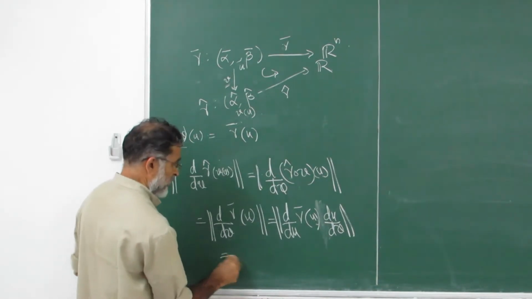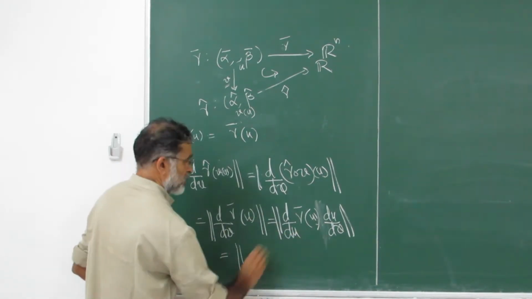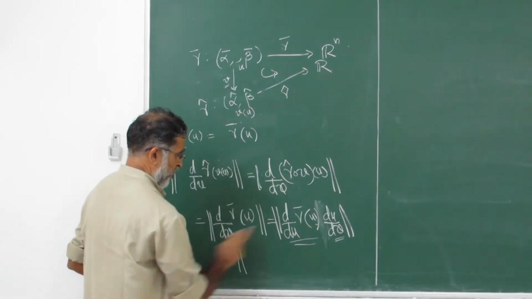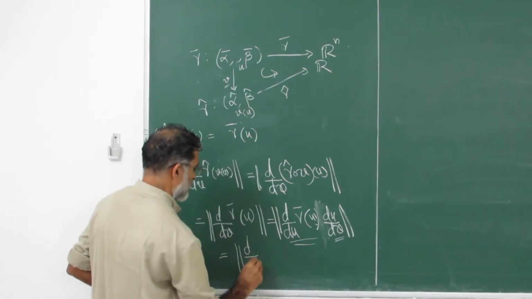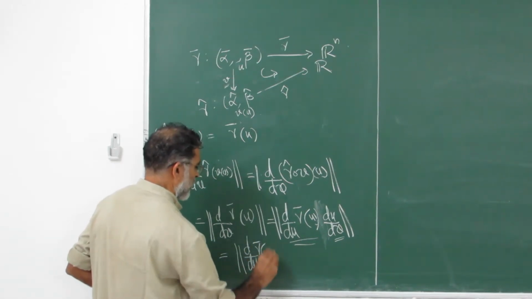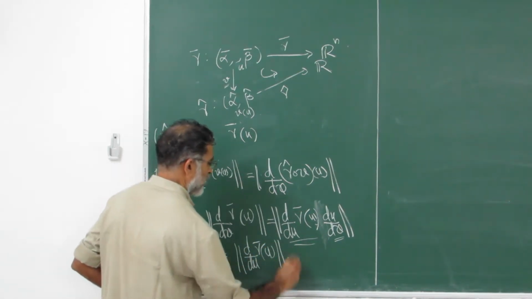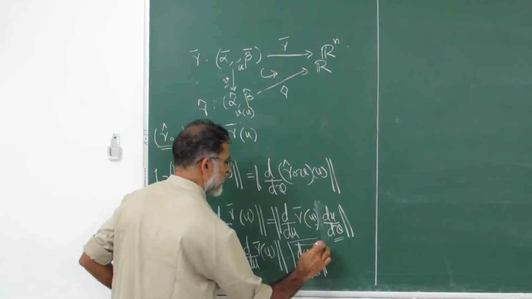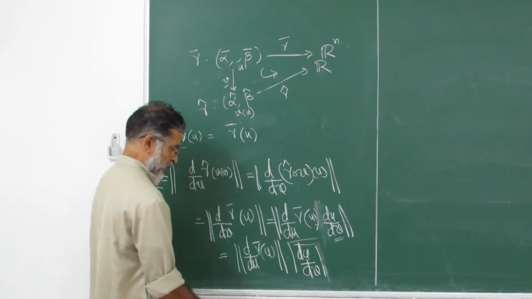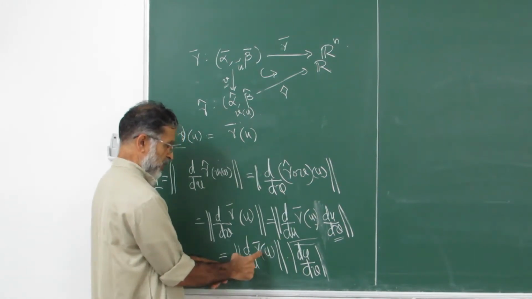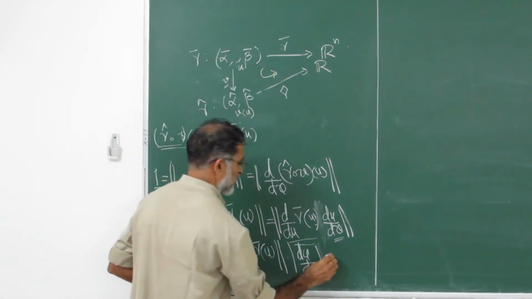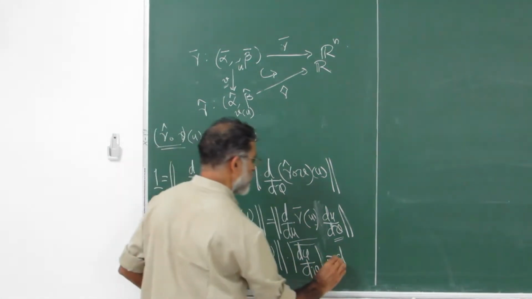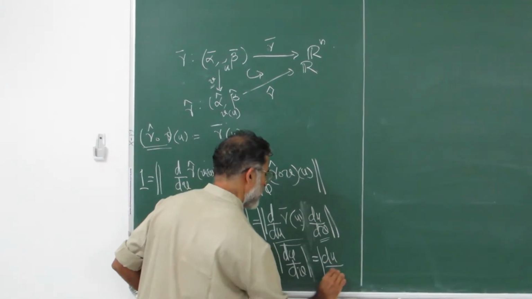So that is equal to, this is a real valued function, this is a vector valued function, so the norm of d by du of gamma bar at u into modulus of du by dv. Now this first factor is 1 because gamma bar is also unit speed. So therefore this is going to be modulus of du by dv.